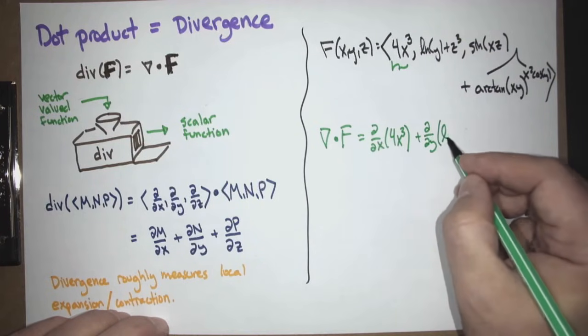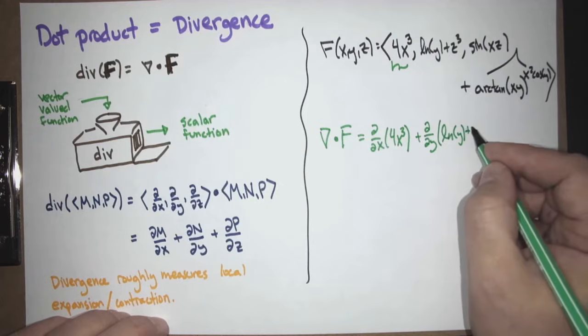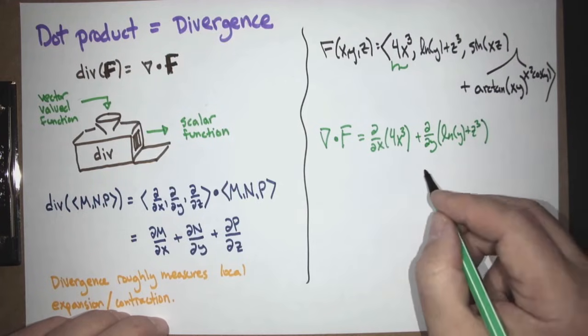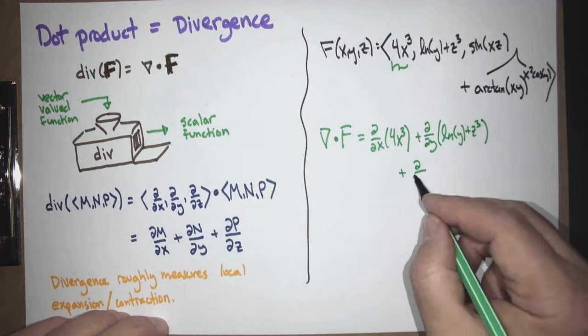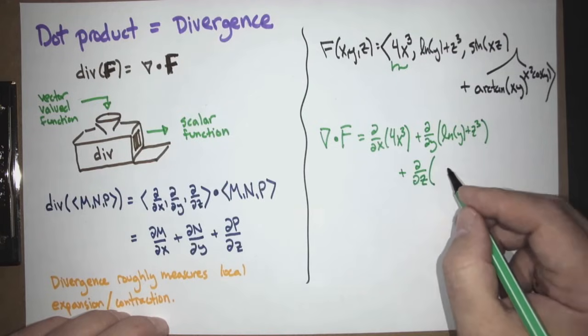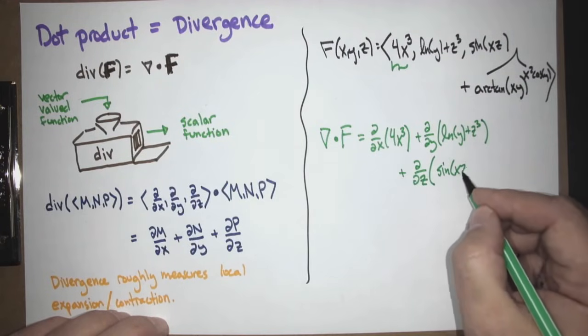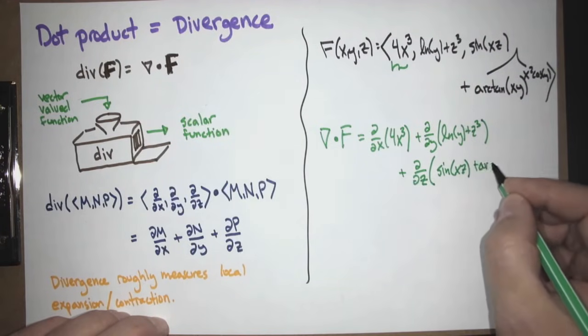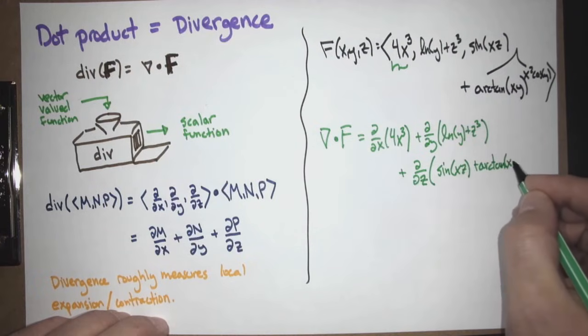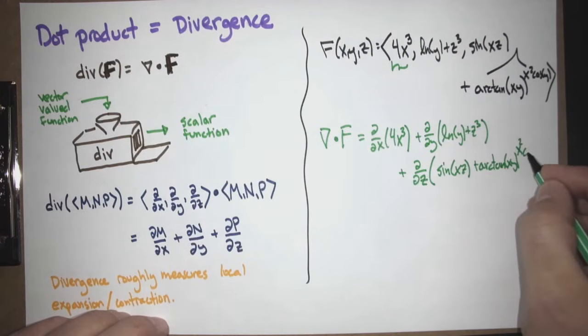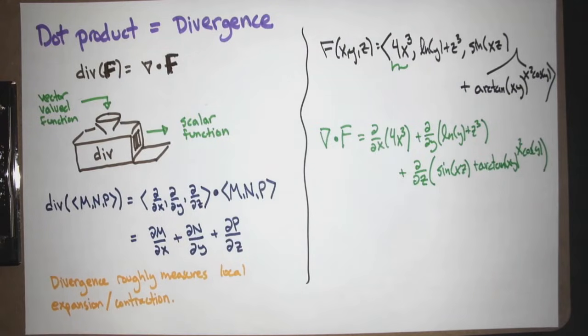Derivative with respect to y of the second entry. We don't have enough space, so I have to go to a new line. And the third entry, derivative with respect to z. Oh, someone said, oh, I see what Steve did there. He wanted to appear mean, but he just can't do it. He doesn't have a mean bone in his body.